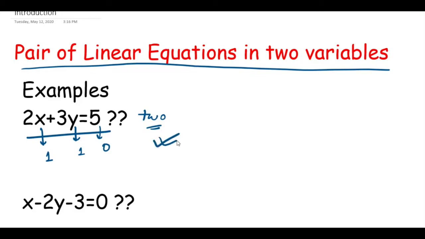Therefore this equation has highest power equal to 1, and we know that any equation whose highest power of variable is 1 is known as a linear equation. Therefore, it is an equation in two variables and it is also a linear equation. That's why this equation is a linear equation in two variables.